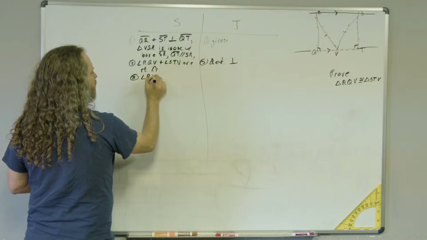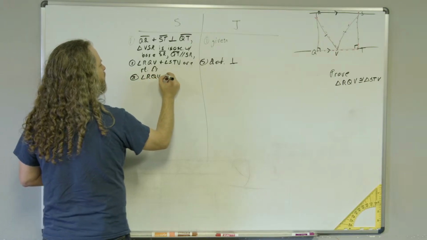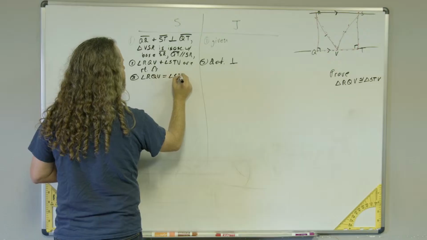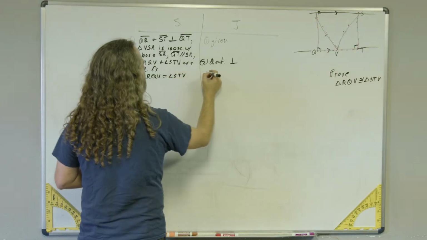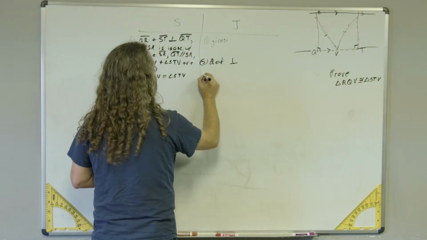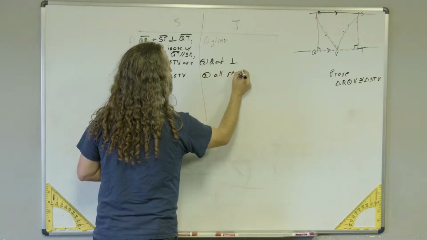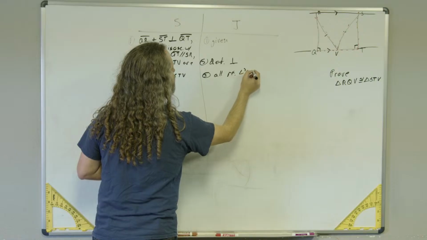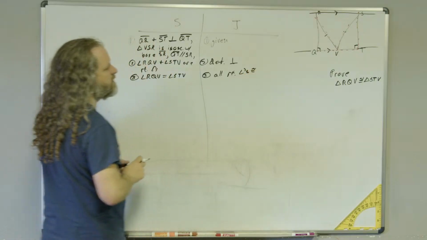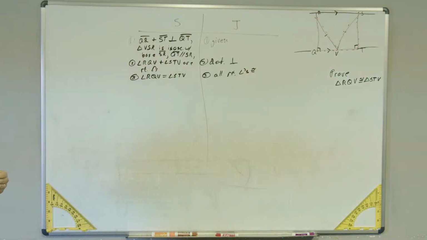Angle RQV is congruent to angle STV because all right angles are congruent. Great. That's possibly useful. What else could we do?